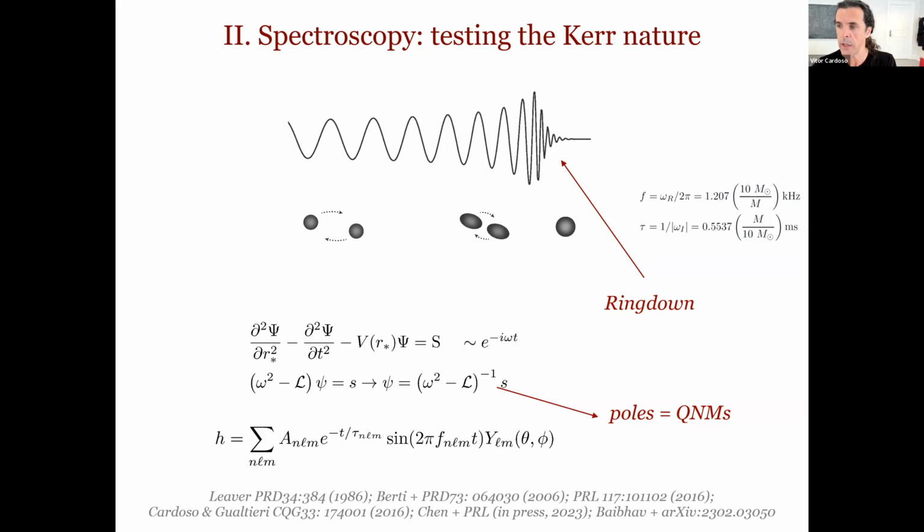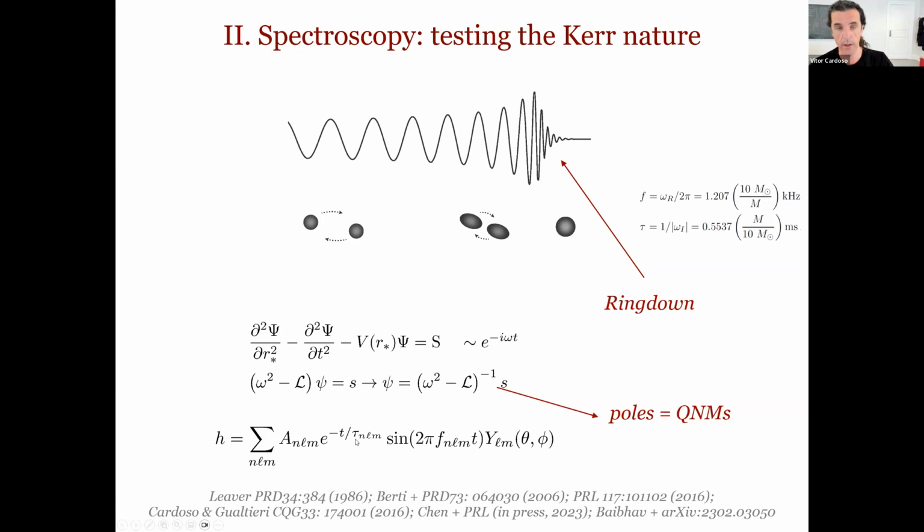Now, the difference is a black hole spacetime is by its very nature a non-conservative system, right? Because you're losing energy to your boundaries, to the event horizon and to null infinity. And this means that your characteristic frequencies, omega, actually lie in the complex plane, okay? And I wrote this down as having an imaginary component and a real component.